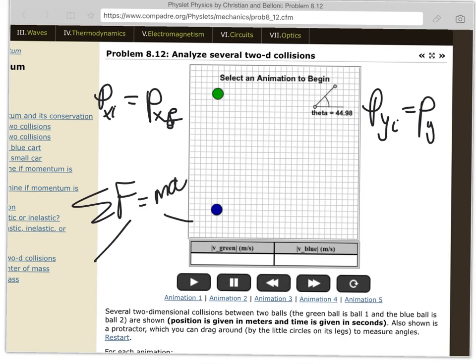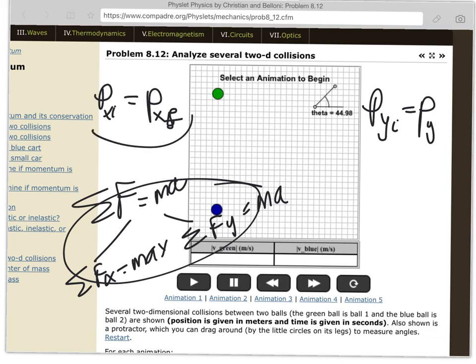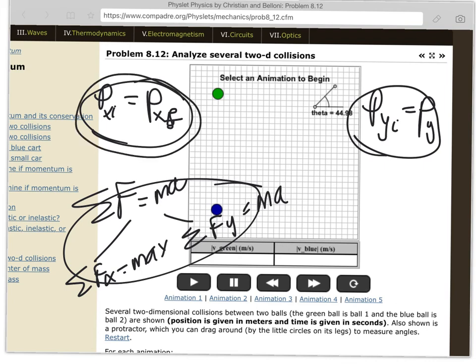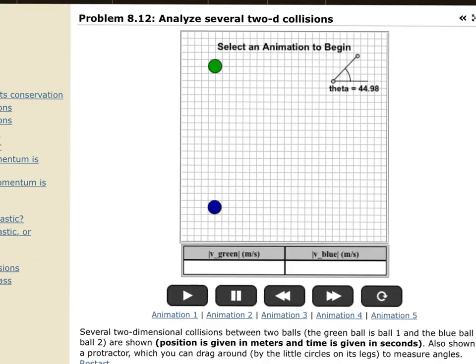We have to separate it into the sum of the forces x equals Max, and the sum of the forces y equals May. Just like we had to do that for forces, we're going to have to do that for momentum. And so you're going to have to get the components of the velocity and do these 2 conservation of momentum equations separately.